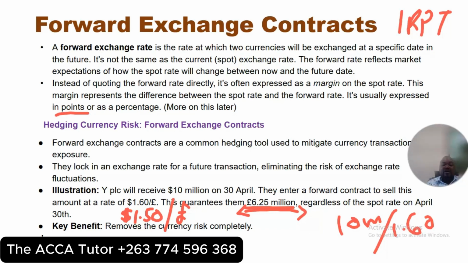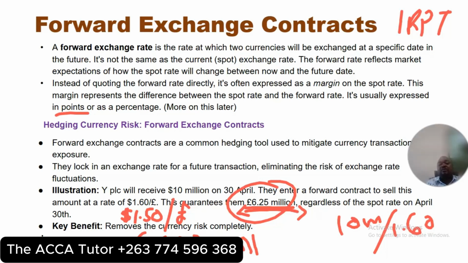Divided by 1.5. We were supposed to have received 6.667 million, right? However, because we have entered into a forward exchange contract, we are only going to be limited to receiving 6.25. So we have lost how much? Minus 6250. We have lost about 416,666.